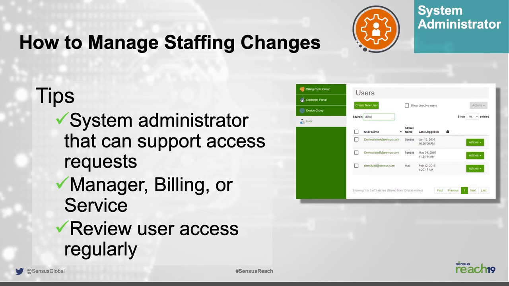And then also, I'd like to point out that we have these standard access levels. So we have manager, billing, and service. And so when professional services sets up your system, they will set up these standard access levels. We call them user groups.